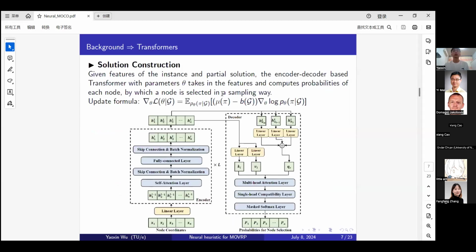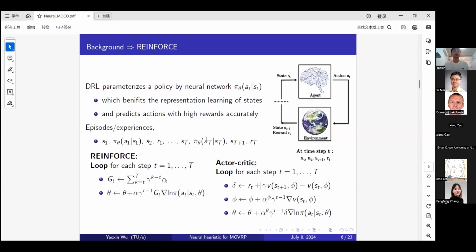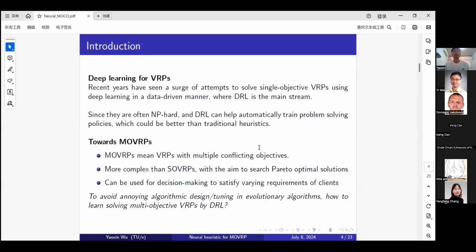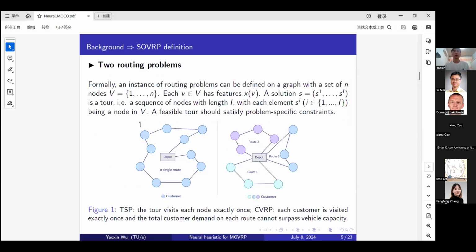And now the current literature often uses the first one, the REINFORCE algorithm, because we can easily sample the whole trajectory and then compute the total reward, which is the total length of the route.